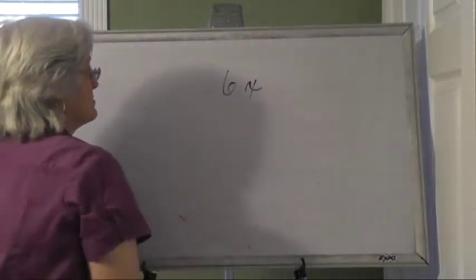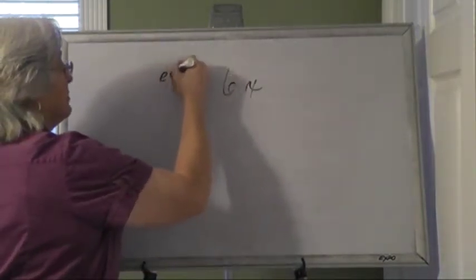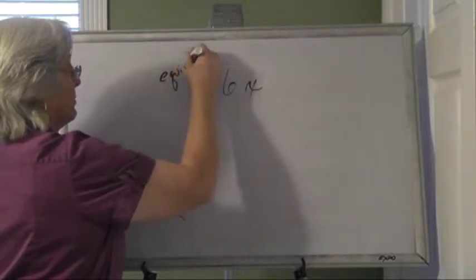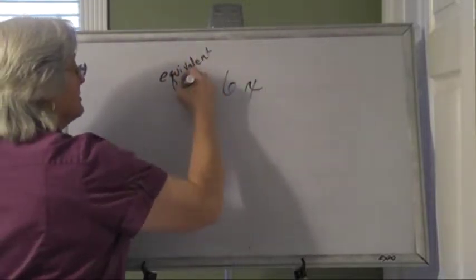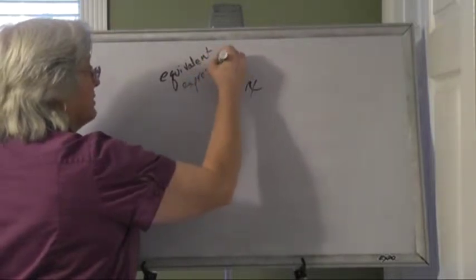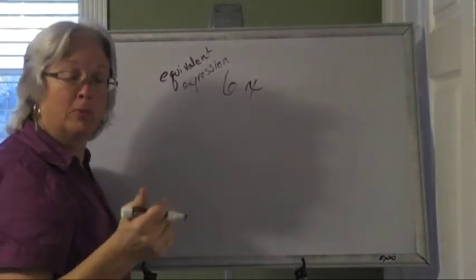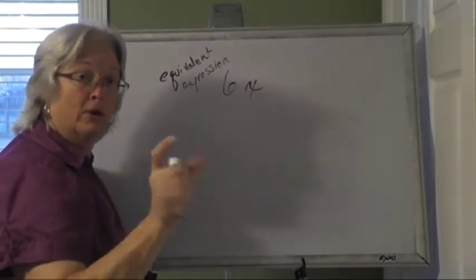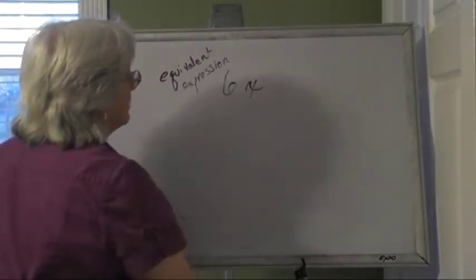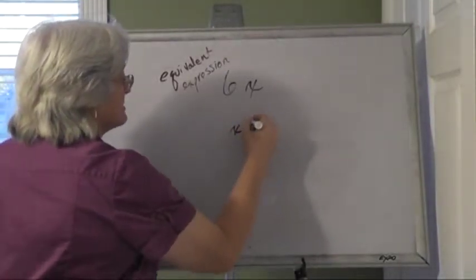So if they ask us to write an equivalent expression in your homework, you think, what in the world is an equivalent expression, and how do I use the commutative property to write one? All they're doing is saying, hey, remember when you're multiplying, it doesn't matter what order you multiply things. So an equivalent expression for 6 times x would be x times 6.